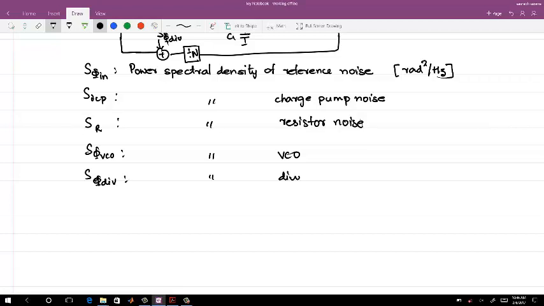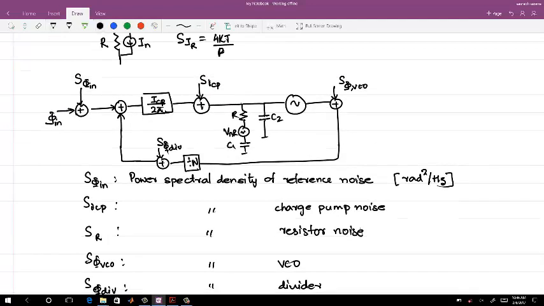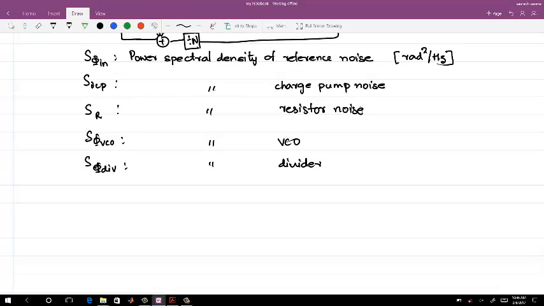Divider. So all these noise sources exist in the system, and now I need to find the noise due to these noise sources to the output. Okay, so let me just begin with the first one, noise contribution to phi n out.